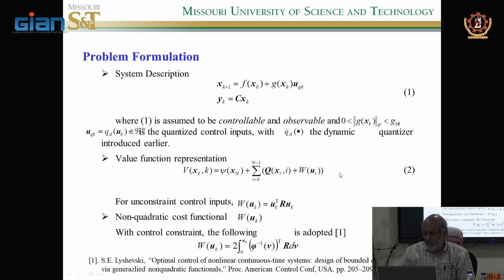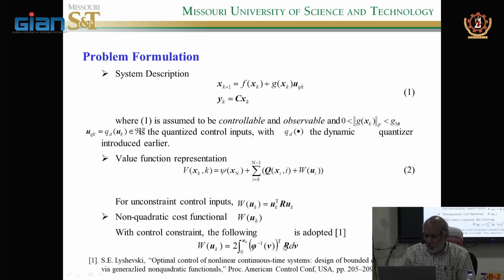So here is the performance index. The only difference is you see that this W of u is non-quadratic. So if it's quadratic, as we have been doing so far, it would be u k transpose r times u k. But now, I'm going to define it like another function like this: W of u k equal to 2 times the integral from 0 to u k of phi inverse of v transpose r times dv.